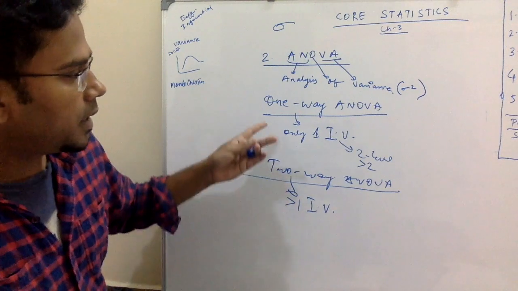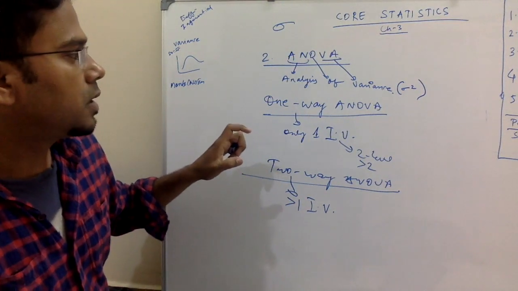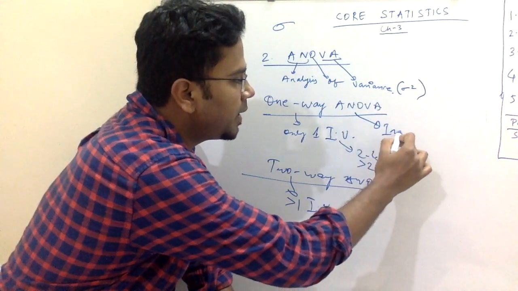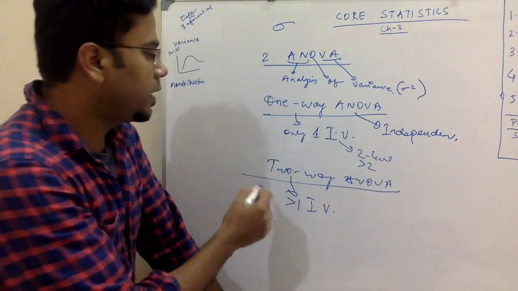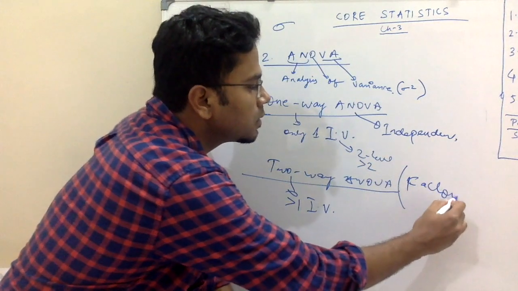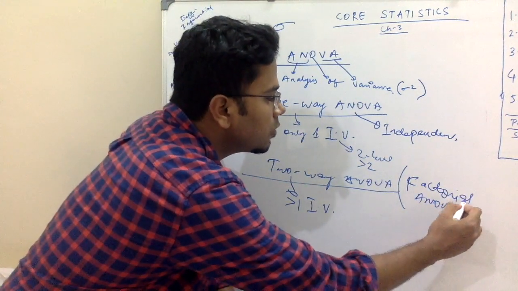But inside one-way ANOVA also there are a few differences. Something by the name of independent one-way ANOVA is there. By the way, this two-way ANOVA is also called factorial ANOVA. Factorial ANOVA.